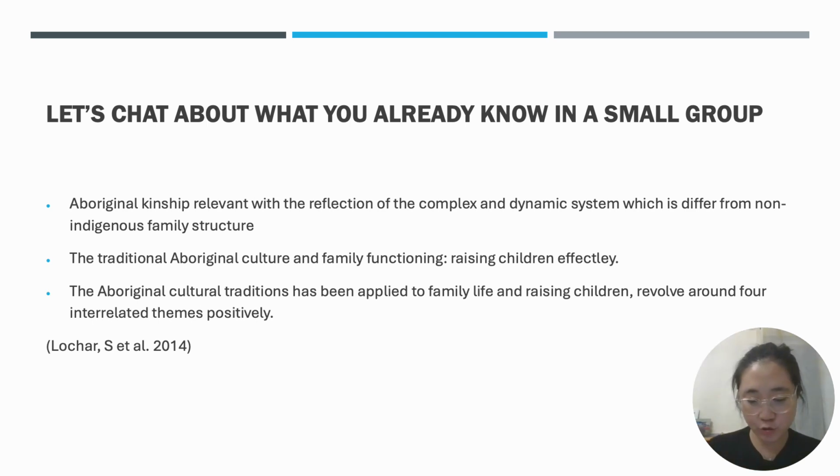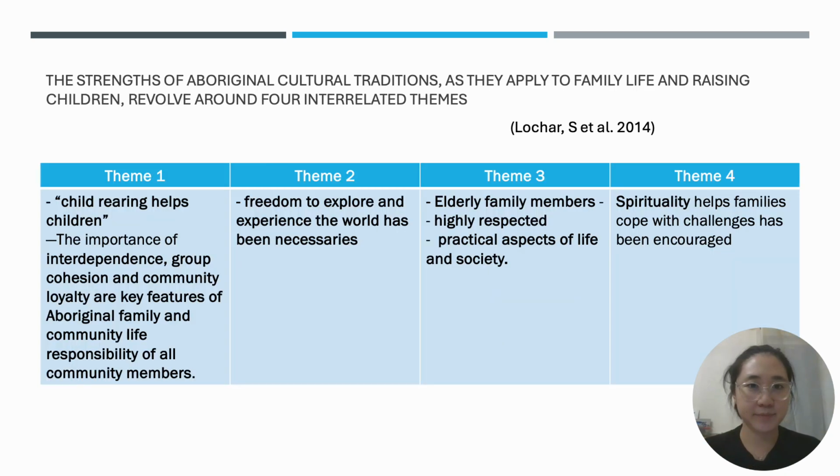As a strength of Aboriginal culture and traditions, they apply to family life and revolve around interrelated themes. I broke it up into 4 different themes. The first theme is a collective community focused on child rearing.